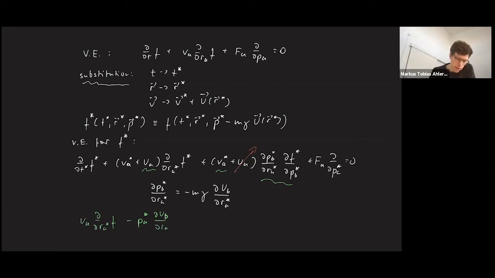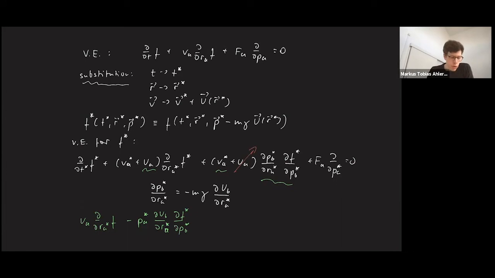Sorry, my handwriting is terrible. The derivative with respect to R_A star, which is multiplying the momentum derivative of the new phase space density.